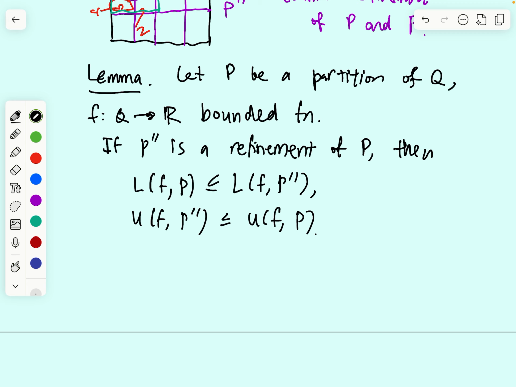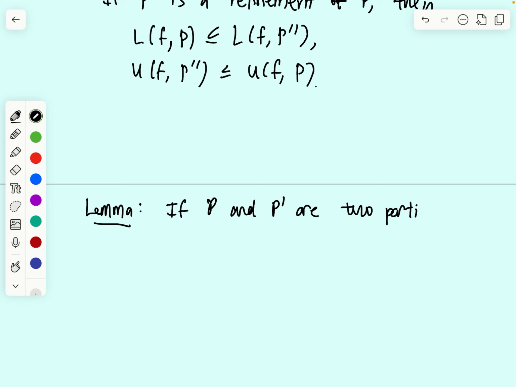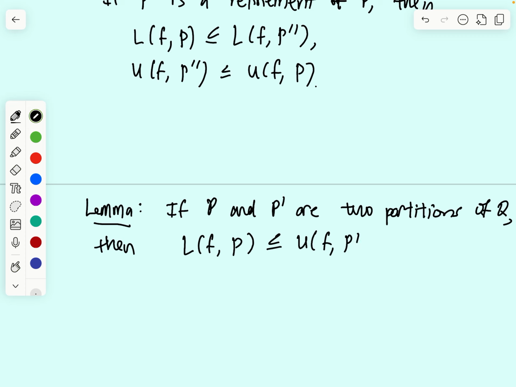Now, what happens when you're comparing upper sums and lower sums of 2 partitions? So we have the second lemma. If P and P prime are 2 partitions of Q, then the lower sum is less than or equal to the upper sum.